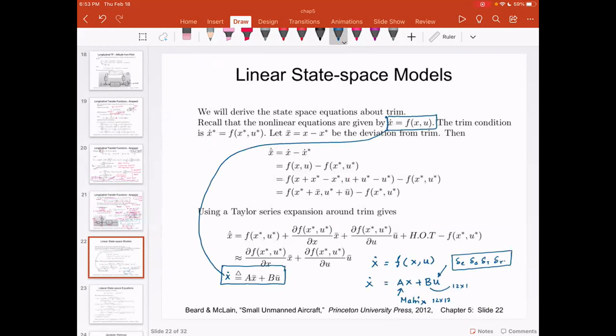And this equation is nothing but the linearization. Yeah, this will be 12 by 4, correct, 12 by 4. So that is correct.